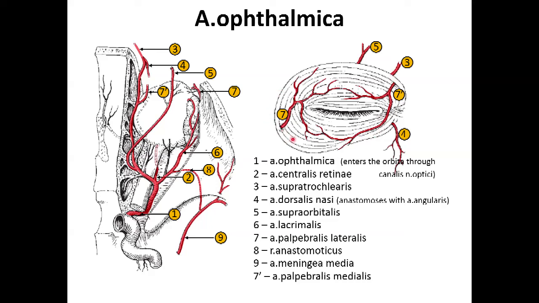Because it helps us to understand that on the eyelid, superior and inferior eyelids, there are two anastomoses, lateral and medial palpebral arteries, which originate in the internal surface of the skull.